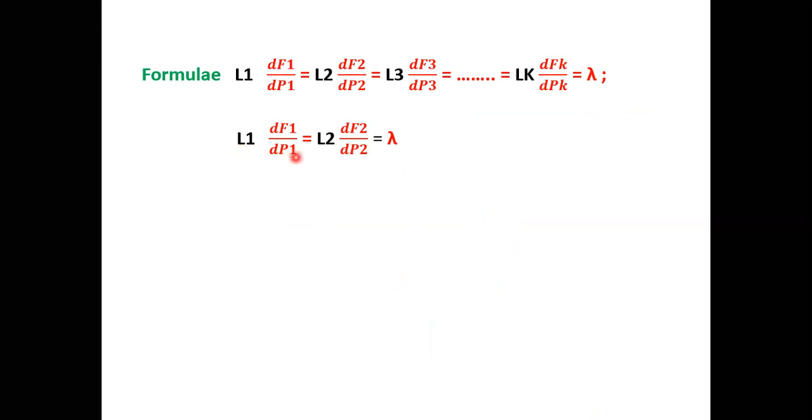We know the L1 value, the L2 value, and the lambda value from the given data, and we know the incremental costs of power plant 1 and power plant 2. So substitute everything, then find P1 and P2. Tell me your answers in our chat box. Do it quickly because we are running out of time. Tell me answers for P1 and P2.